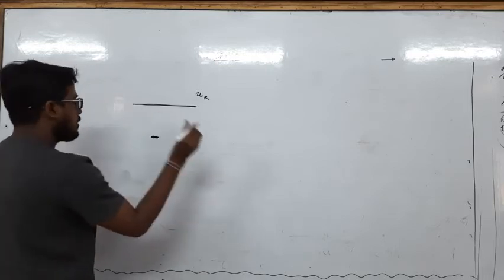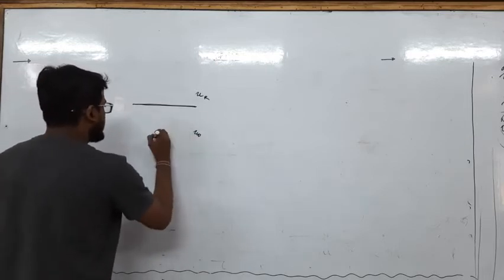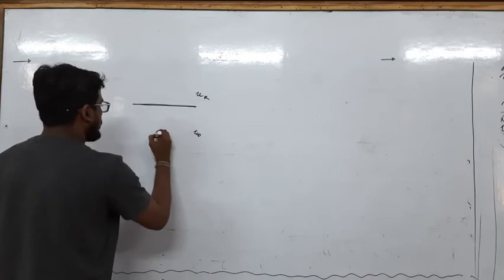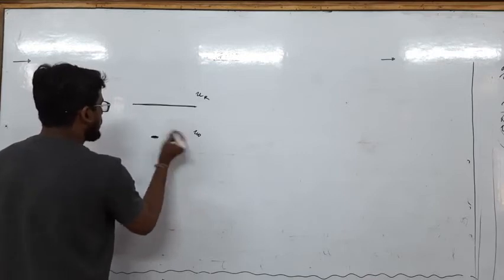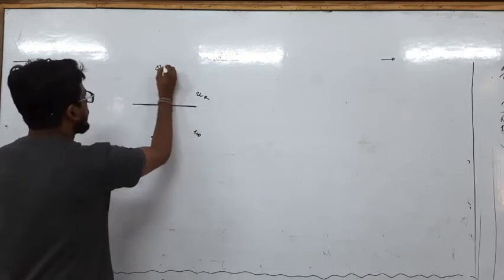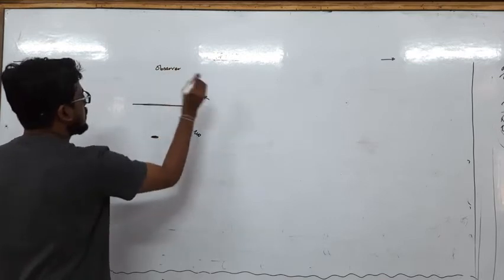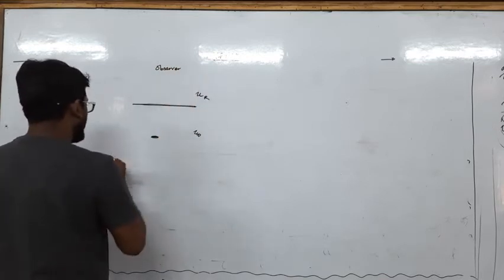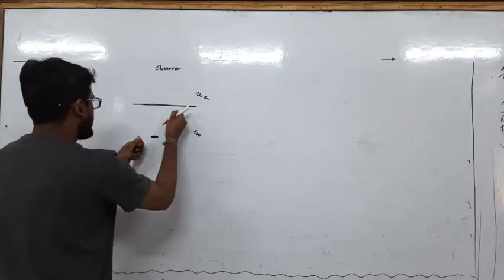Okay, clear? So if the light is coming from this direction, the object is placed in the denser medium and the observer in the rarer medium. So here the light rays are going like this.